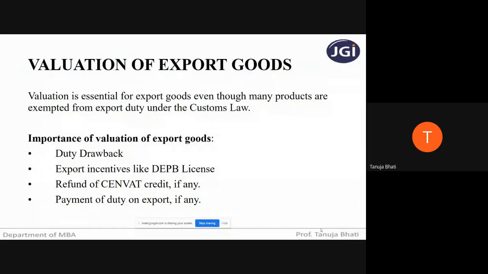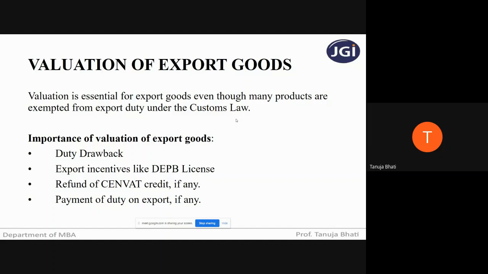Valuation of export goods. Now, valuation is essential for export goods even though many products are exempted from export duty under the customs law. Students, in case of imports, we've seen that there is customs duty when we are importing the goods, and government levies a high customs duty because government wants to restrict the import in India.